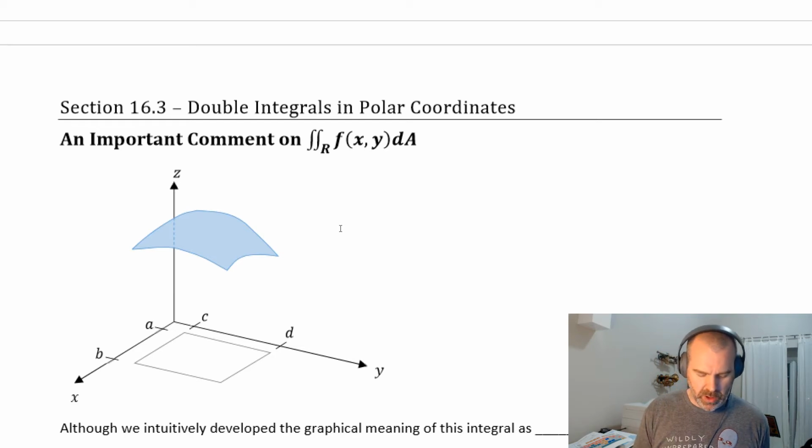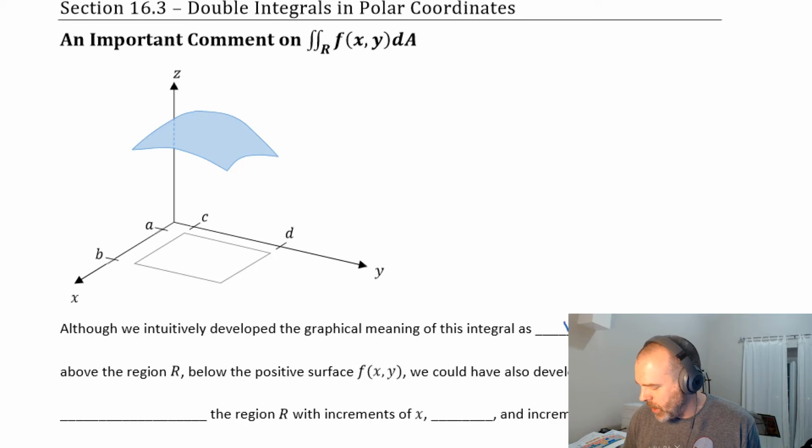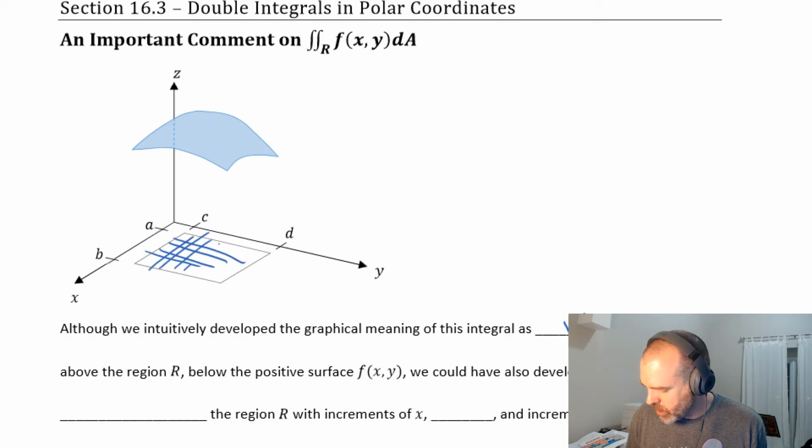All right, so one more comment here, and then we will move on to the derivation of double integrals in polar coordinates. When we first did this, we developed this graphical meaning of the integral as volume. But we also looked at this a little more carefully and said, we could take this region and partition it in terms of x and y.